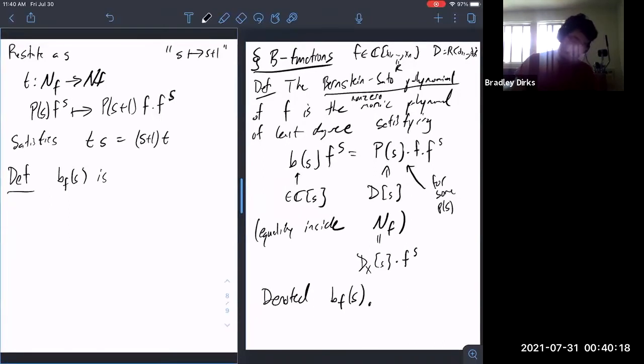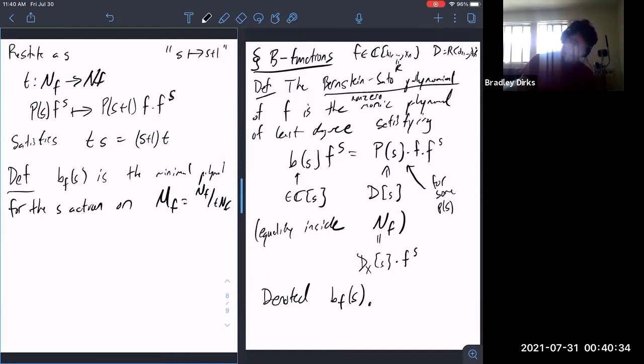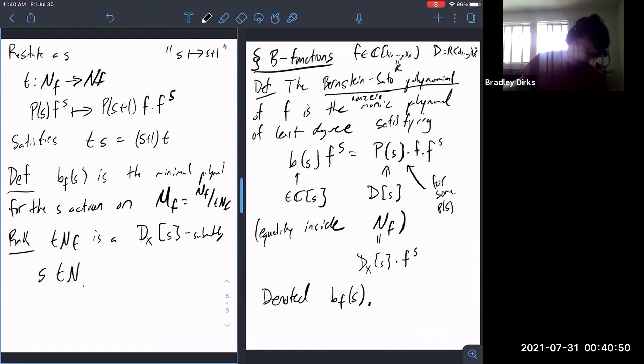So b_f(s) is the minimal polynomial for the s action on the quotient, which I'll call MF, which is NF mod T NF. A remark is that this s action does descend to the quotient. T NF is a D[s] submodule because s times T NF is equal to T times (s-1) NF, and that's contained in T NF.